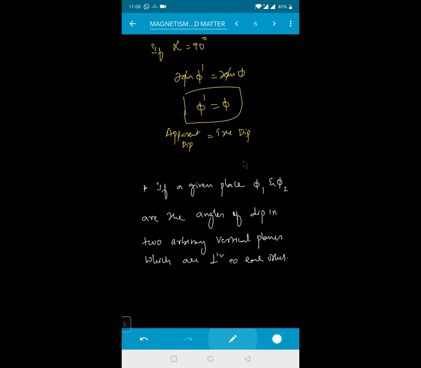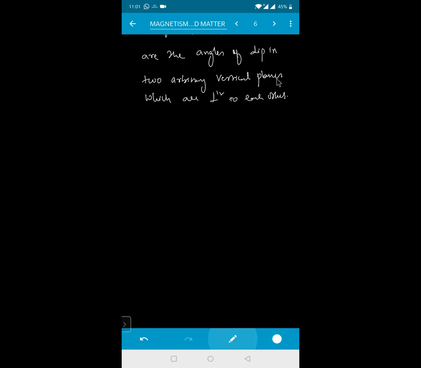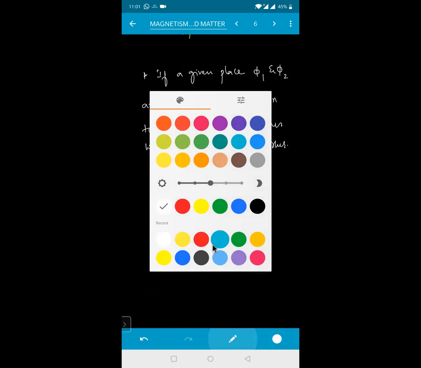Now see, we have generally got an angle between the true dip and the apparent dip. That means at any angle I can calculate the relation between them. Like in this one, what it is telling is, if at a given place phi 1 and phi 2 are the angles of the dip in the two arbitrary vertical planes which are perpendicular to each other.